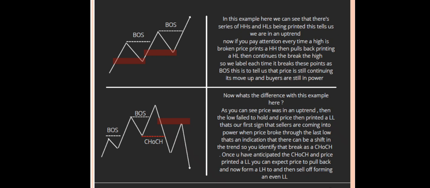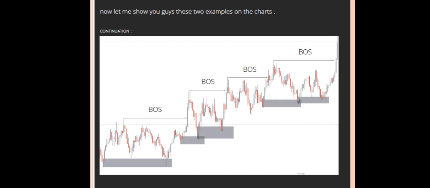Okay, so now let me show you these two examples on a chart. If you check this chart here, this is an uptrend. And in an uptrend, we see price printing something which is good. It is breaking structure, breaking the higher high. This higher high has been broken, and it has printed the BOS, a break of structure.